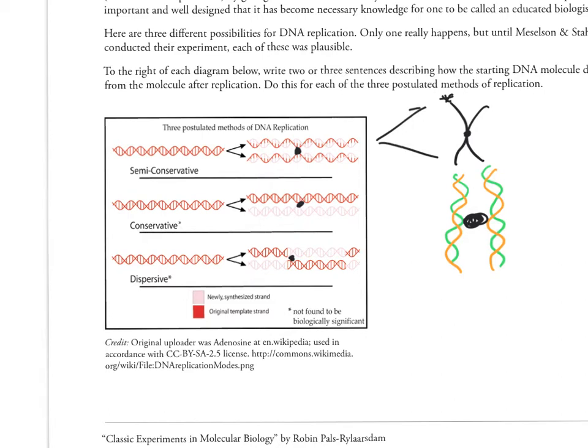So where here you have one old strand with one new strand, that's semi-conservative. Here you have the two old strands stay together and the two new strands stay together. We call that conservative. And then the dispersive model was that you had both. You had some old strands sticking together, some new strands sticking together, and it's just spread out. So those are all three of the possibilities, right?